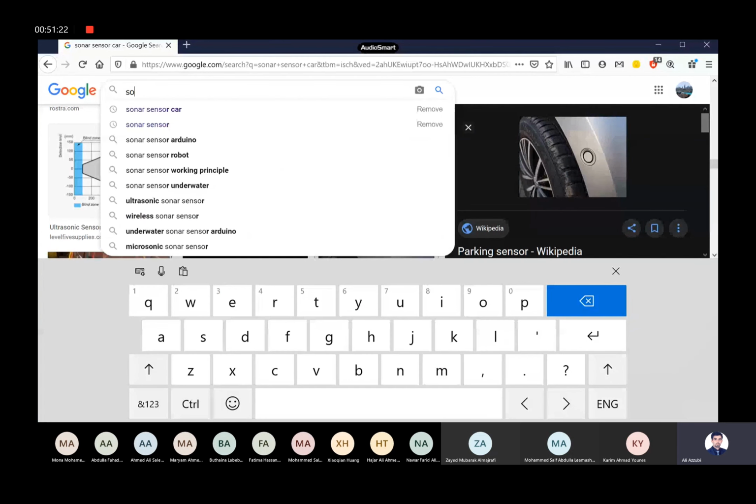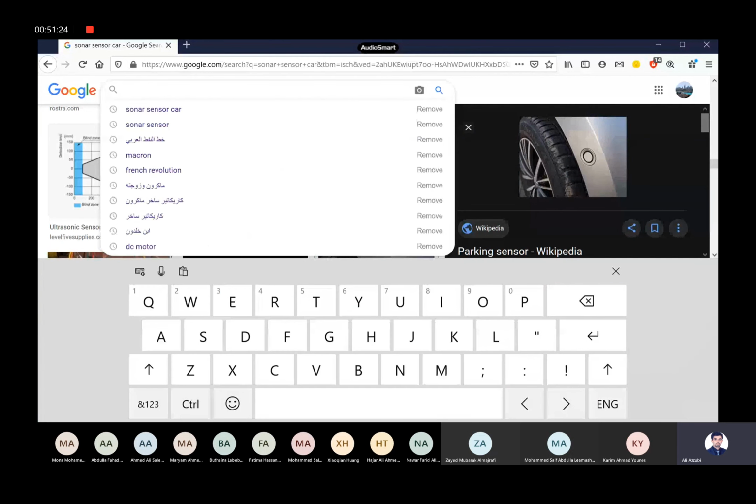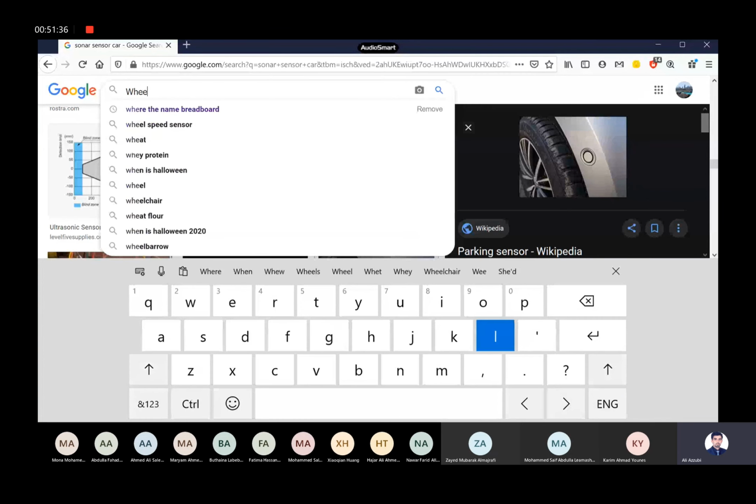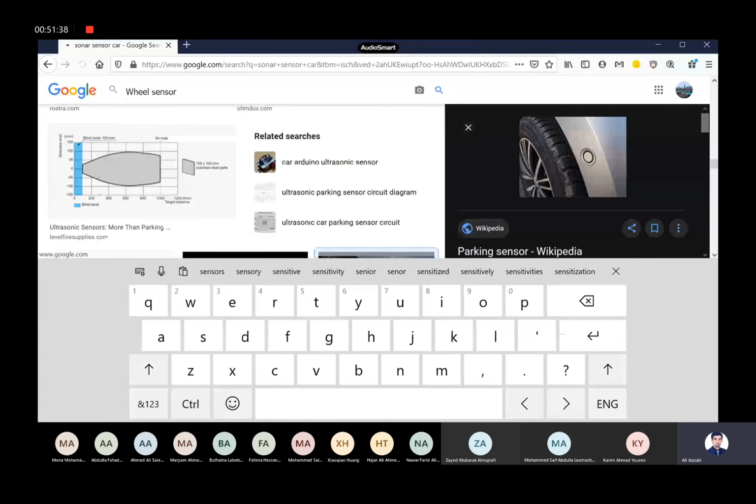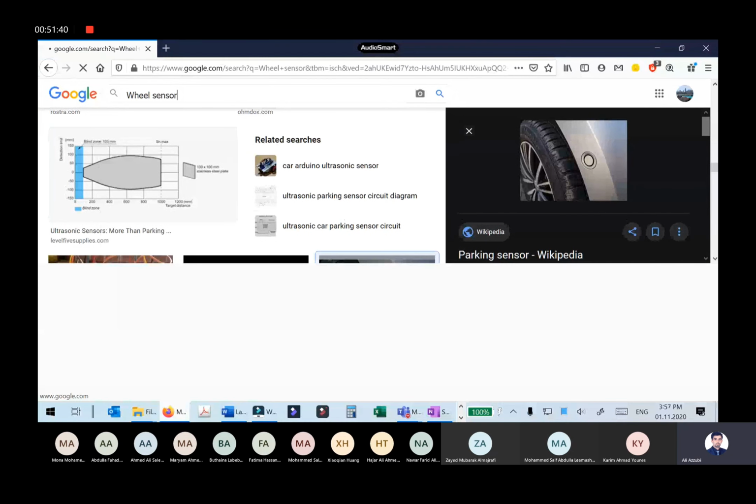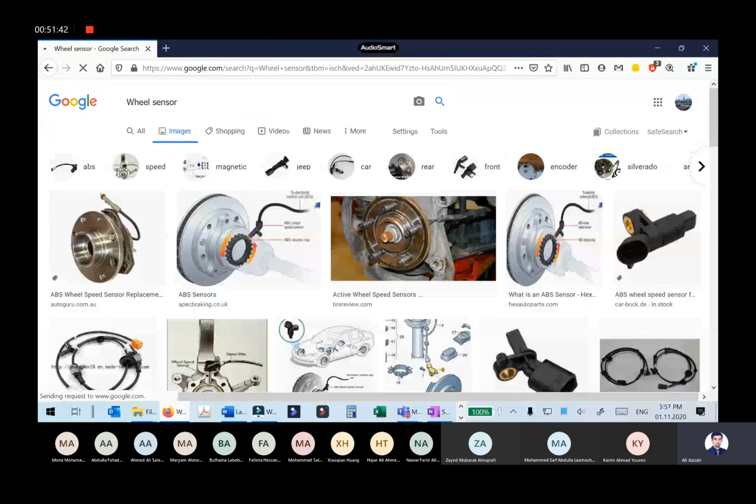Basically, in cars, where do you find this? I don't know if you like mechanical work, but if you decide to dismantle a car wheel, you will see a wheel sensor. So you can see here we have a hub. This is a car hub.